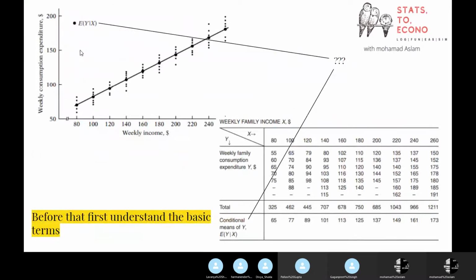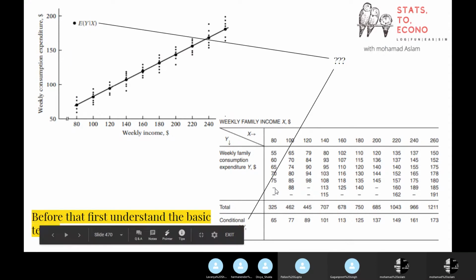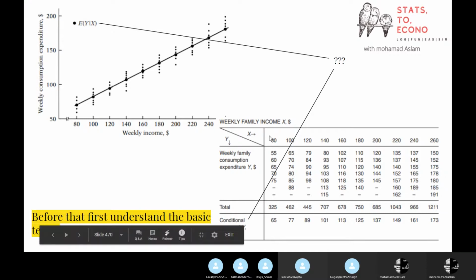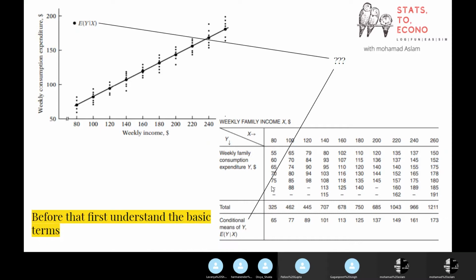For example, these are some fixed x values, and corresponding to them there are actual y values. Let's suppose this is data of family income and family consumption expenditure. Corresponding to a particular family income, there are different consumption expenditures across families.